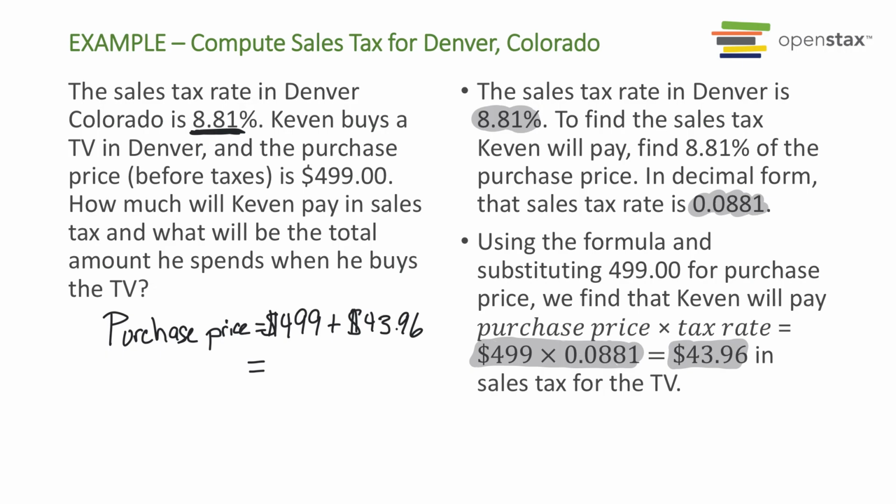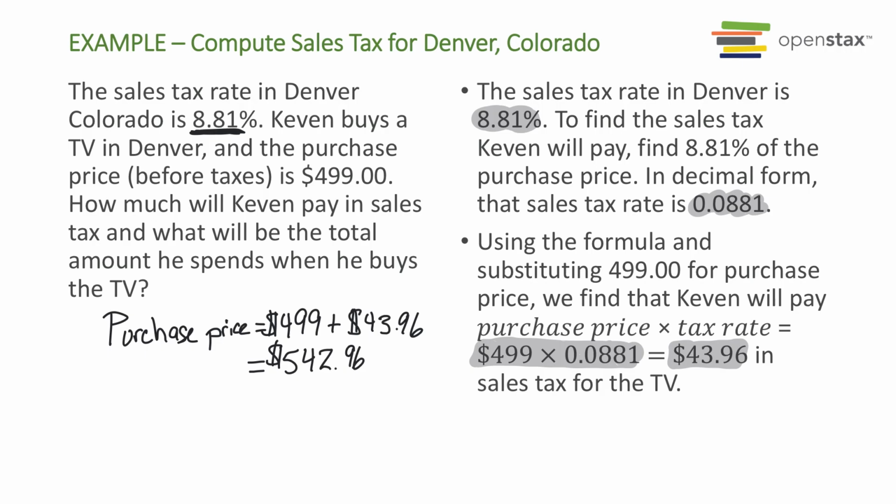And so $499 plus $43.96 should give us $542.96.